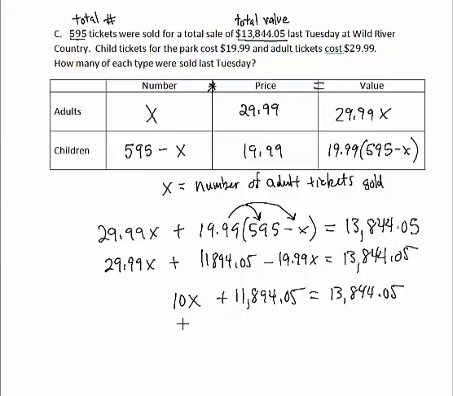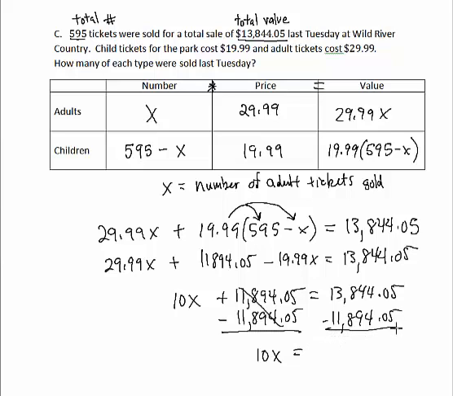We have x on the left, and so we want to get rid of the 11,894 and the 10. The 11,894 has to go first. We subtract it from each side. We're left with 10x on the left.